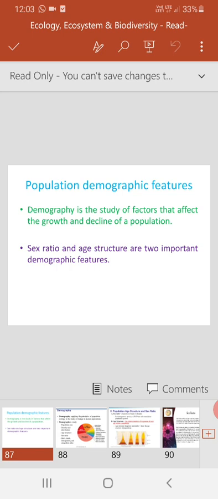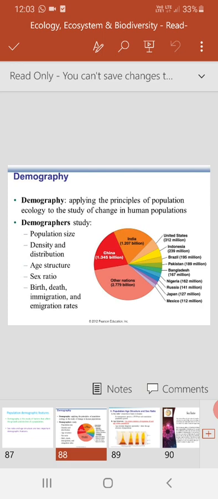Any factor which directly affects the size of the population is a demographic feature. Sex ratio and age structure are two important demographic features. The persons who study demography are called demographers. They have a wide range of aspects in demographic study.